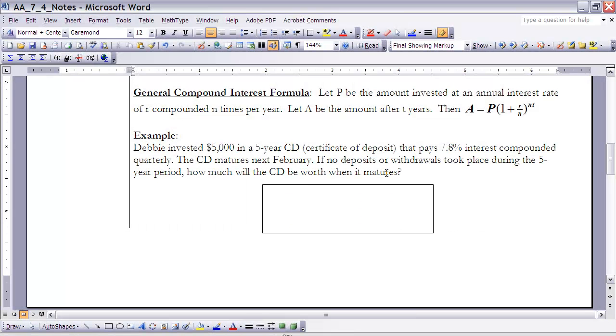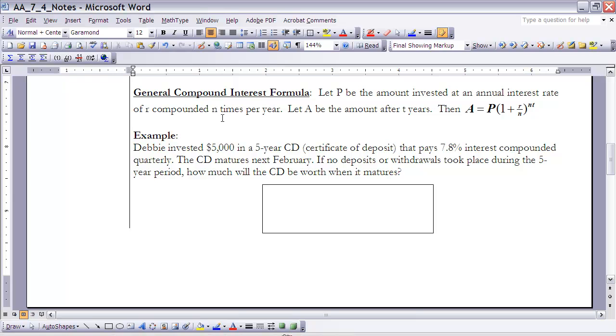Okay, the second interest formula that we have is the general compound interest formula. The general compound interest formula says the following: let P be the amount invested, just like before, at an annual interest rate of R compounded n times per year. There's the difference. Instead of compounding only once per year, when we're using the general compound interest formula, we're going to have a number of periods that we're going to be compounding that interest.